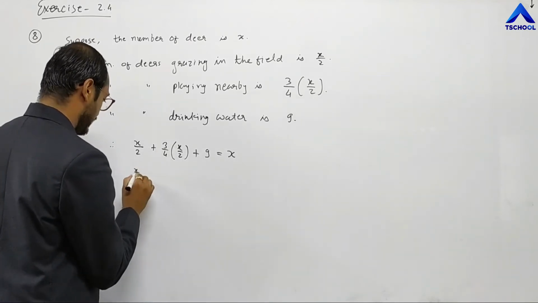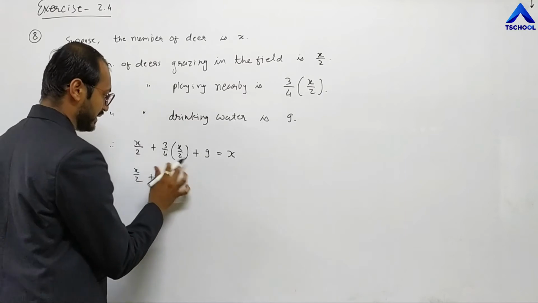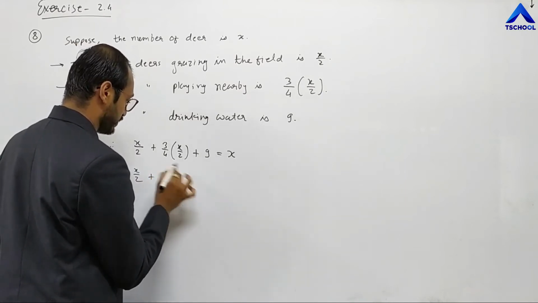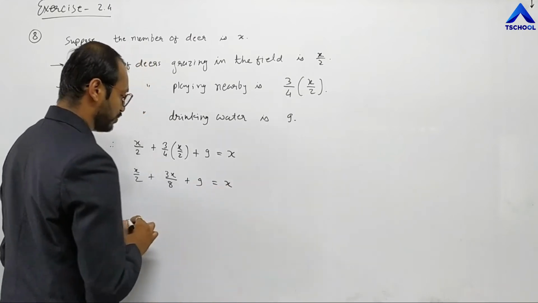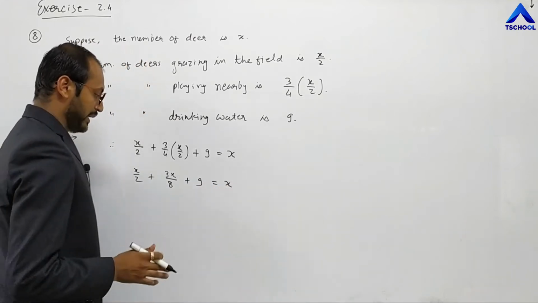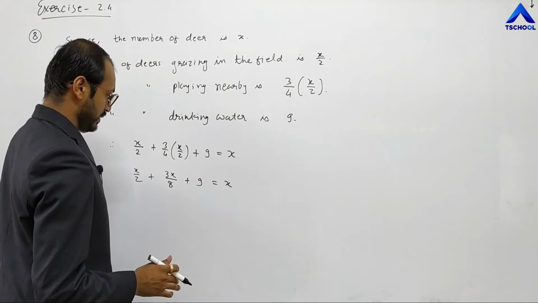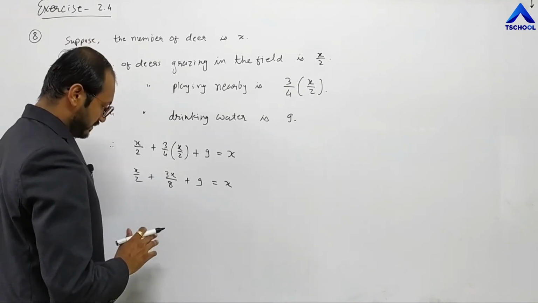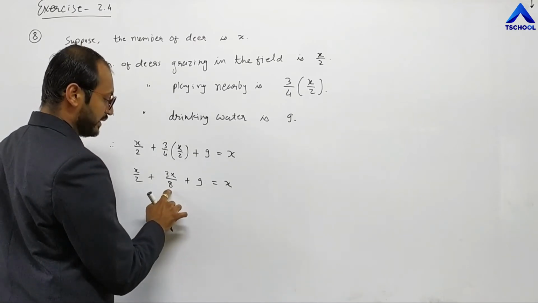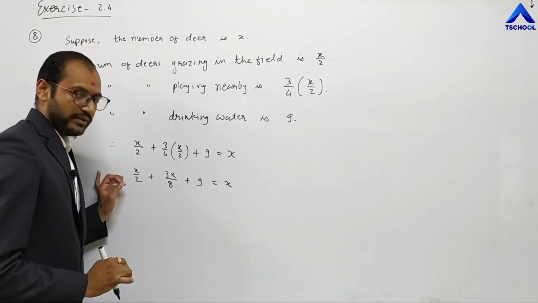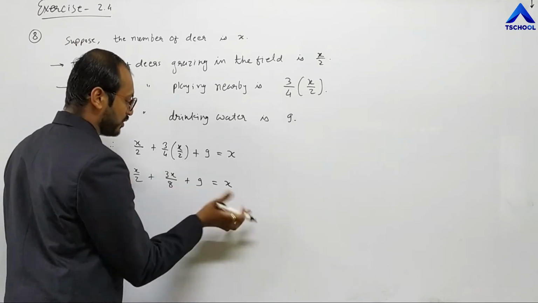So here x by 2 remains as it is, and here is 3x by 8, plus 9 equals x. By multiplying with 8 on both sides, what do we get? To remove this denominator 8, we multiply by 8 on both sides.